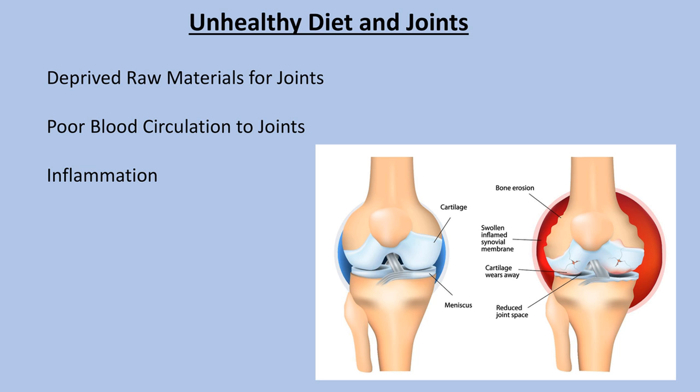So the extra weight. The typical American diet damages the joints in several ways. Over two-thirds, which is 66% of the people on this high fat, high calorie diet from the Western world are overweight.